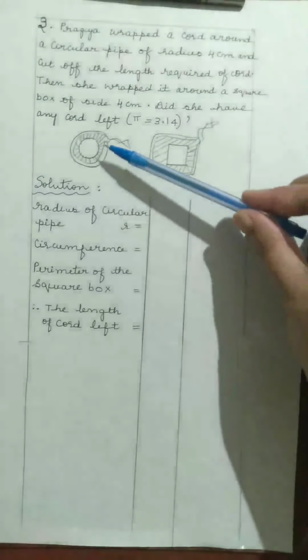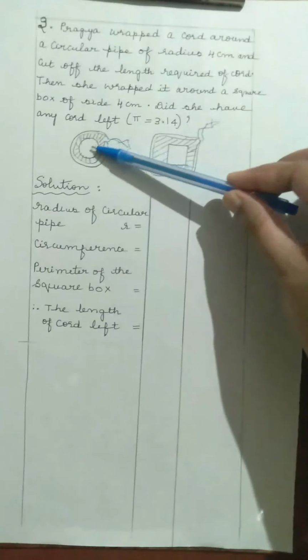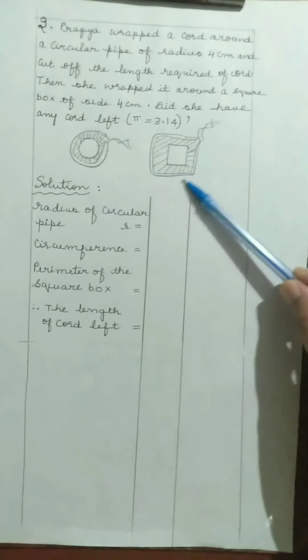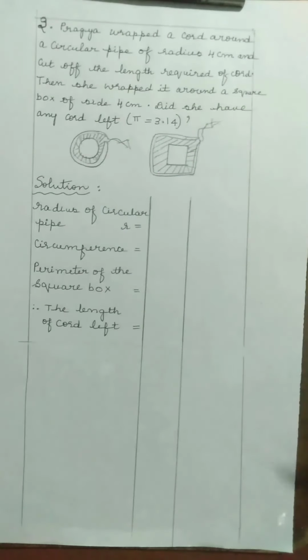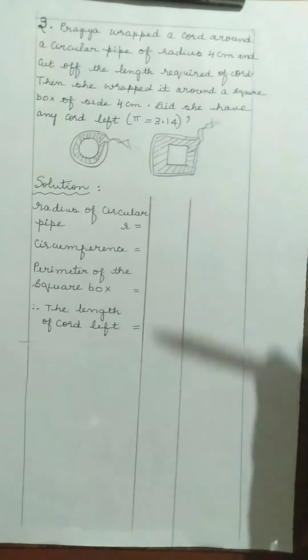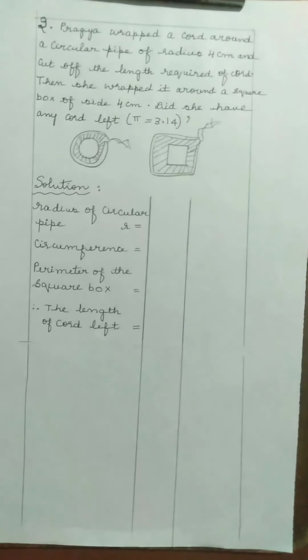So, while cutting off the length from the circular pipe and wrapping along a square box, whether the full measurement of cord is wrapped around the square box or still some of the measurement of the cord is left out, that we need to find out in this problem.